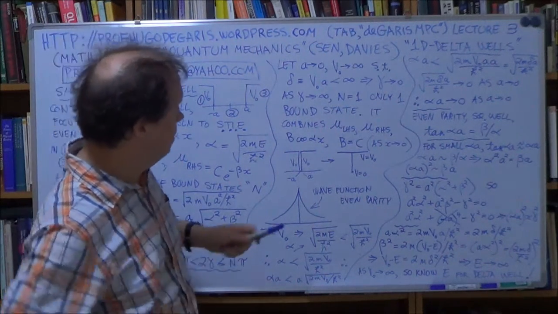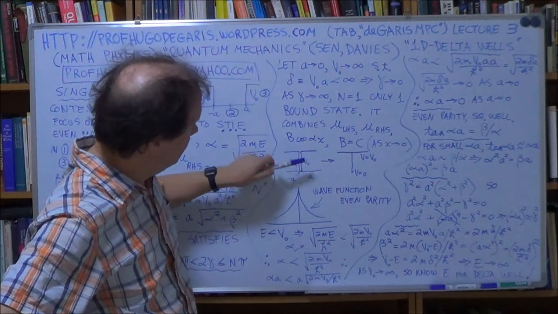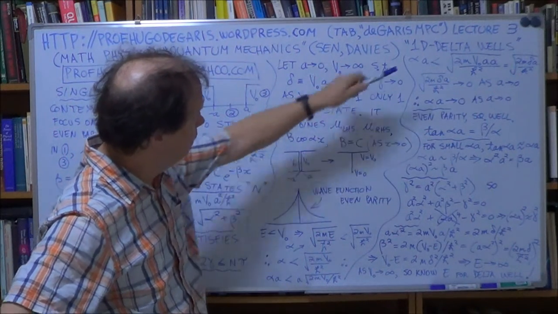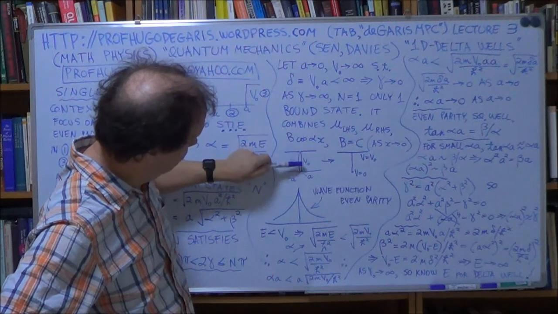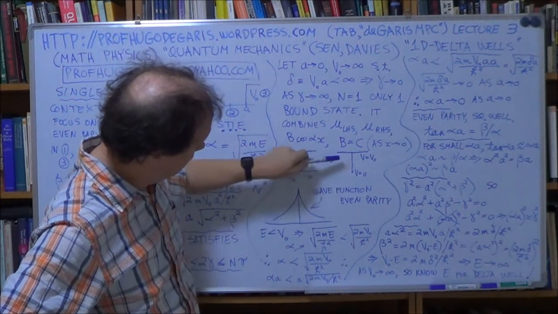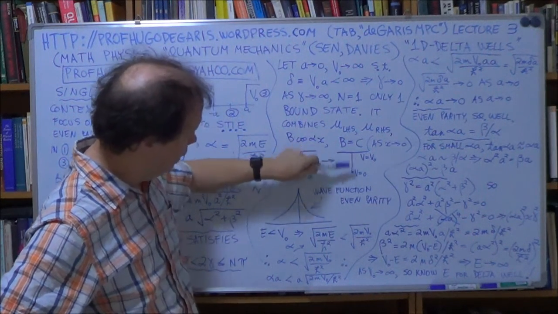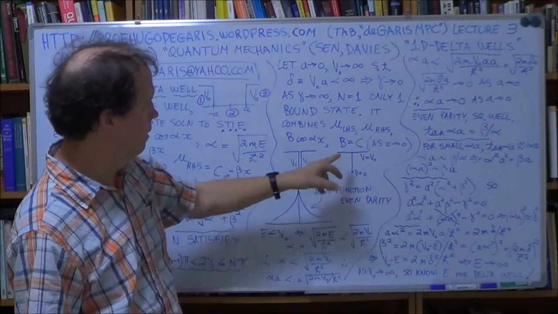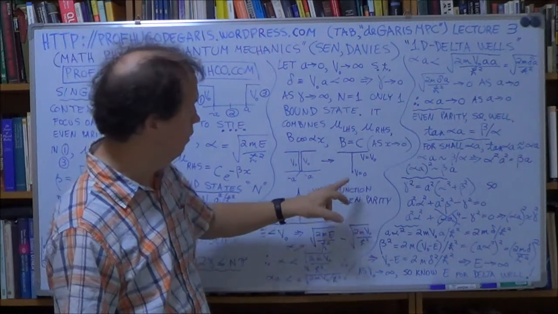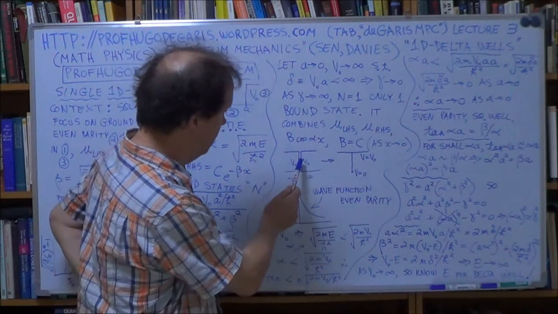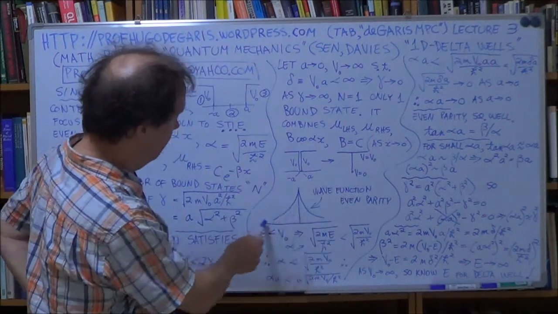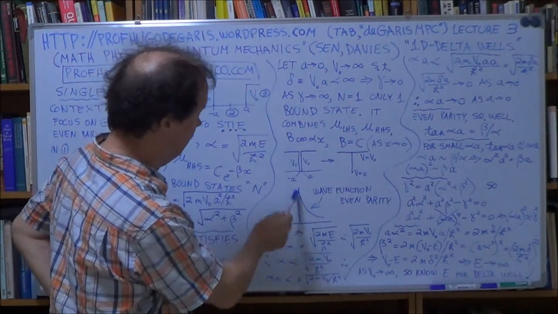All right. So in the limit, your delta well is almost closed and almost infinitely tall, but it'll look like this pretty much in the limit. Now that's the well. So what about the wave functions that exist within this well? Well, they will have the following form.